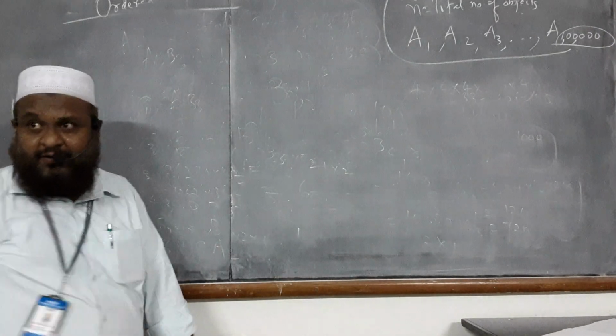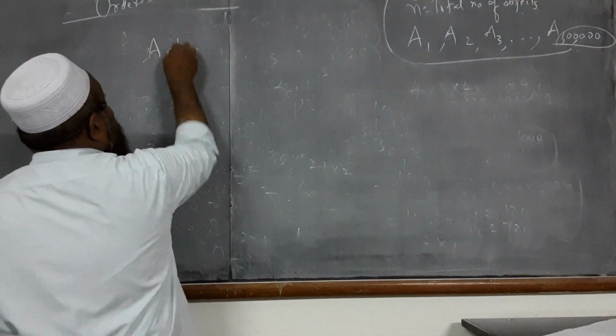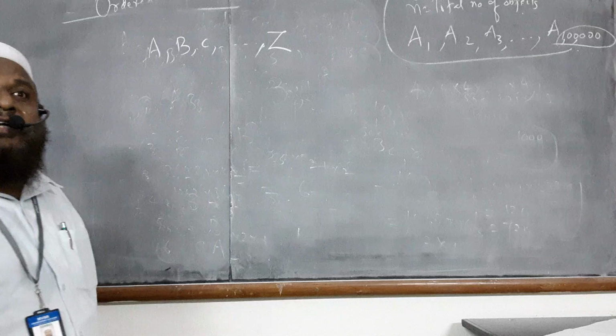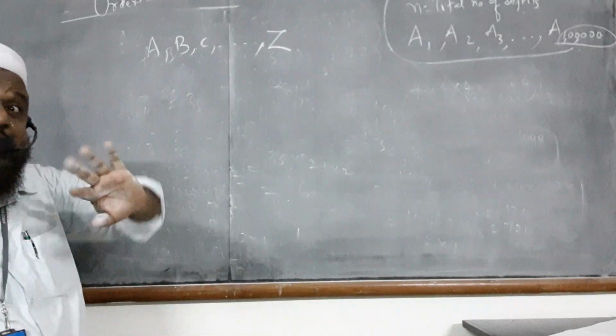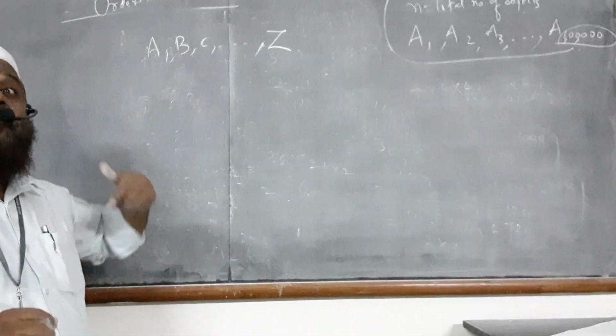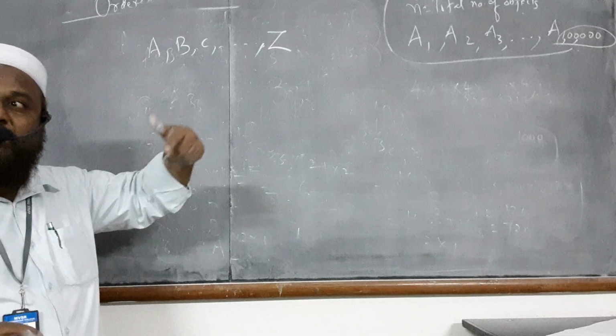Now tell me, if I take all of them, A, B, C, up to Z, only capital letters, I am selecting 3 objects and that too position is important. Then how many such selections will be there? Means I am talking about ordered selections. Order is important. Means I am talking about permutations.